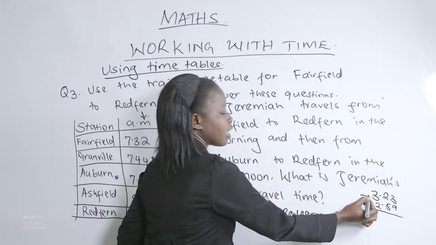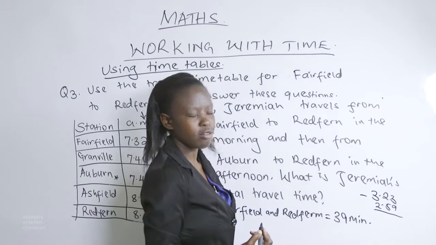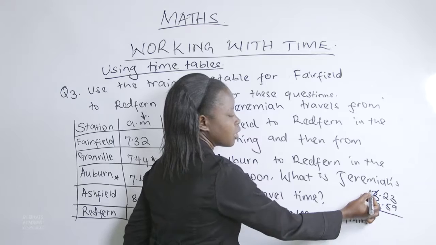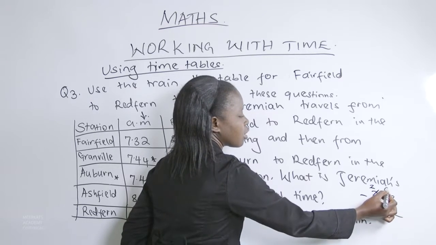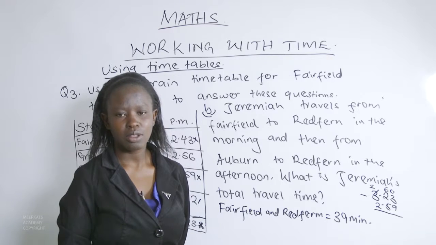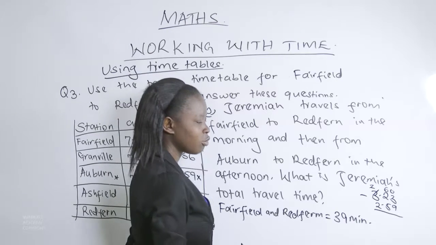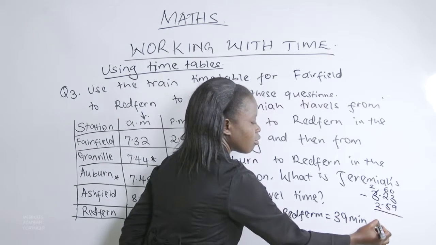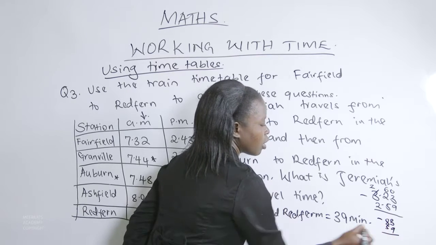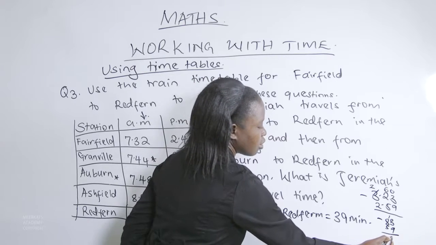So this means that I have 23 minus 59. 23 is less than 59. So I borrow 1 from the 3 hours, so that I'm left with 2 hours and I have 60 minutes. So I have 83 minutes. 83 minutes minus 59 minutes. Then we have 13 minus 9, that is 4.